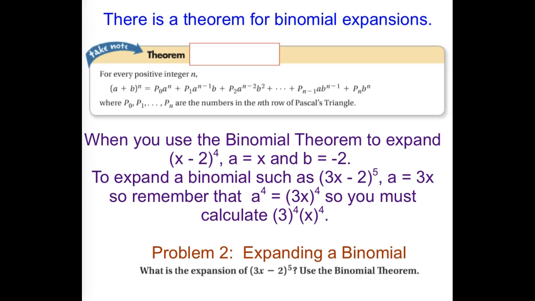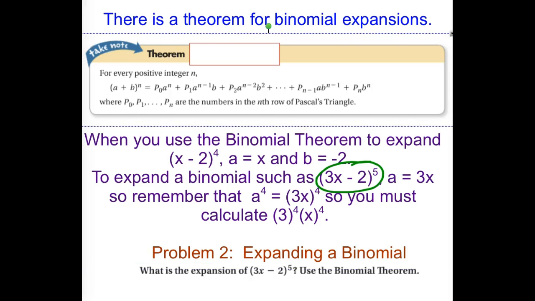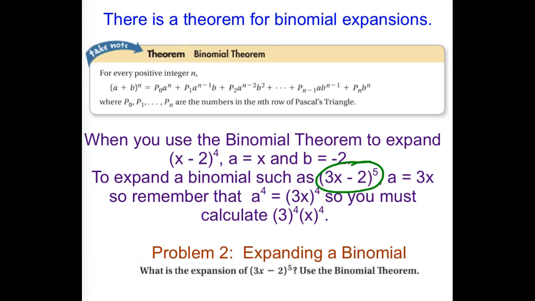All right, so let's try one that has a little more involved in it. We are going to expand something like this. Okay? The formula that's listed up here is the formal way of writing our binomial theorem. All right? The p's in this pattern stand for the numbers in Pascal's triangle.